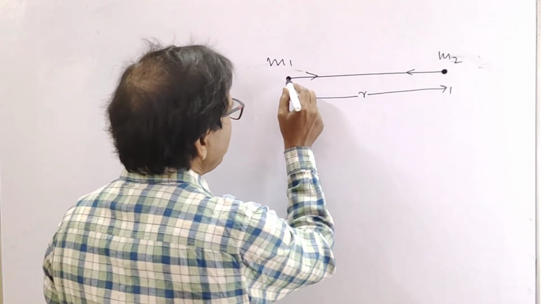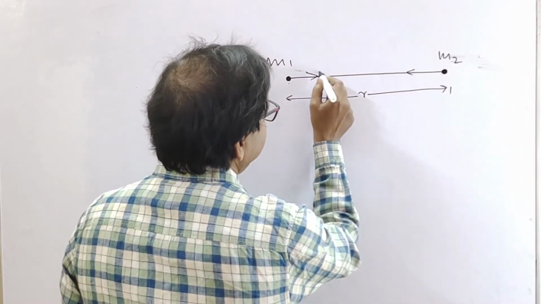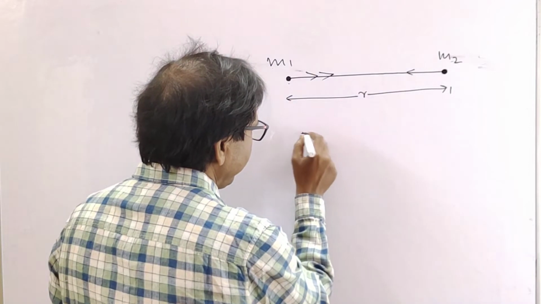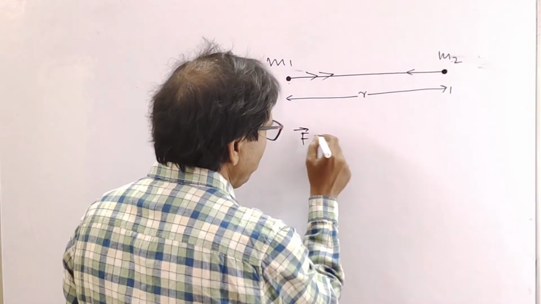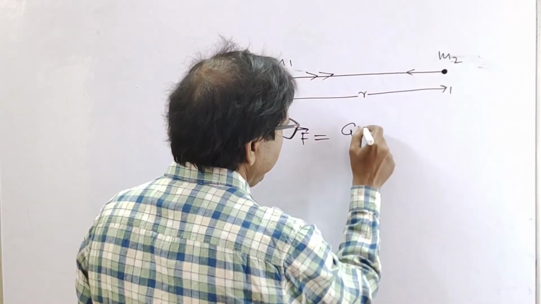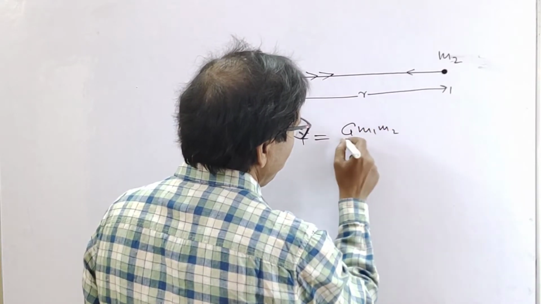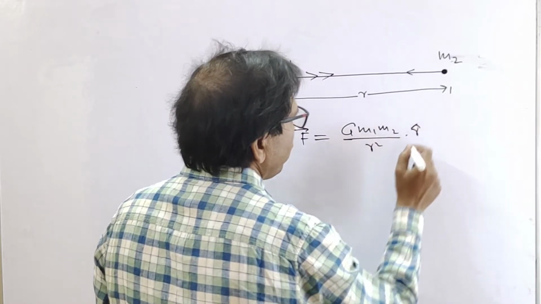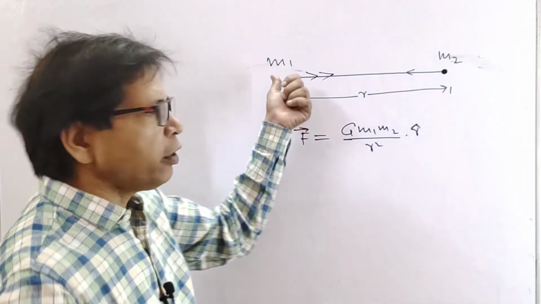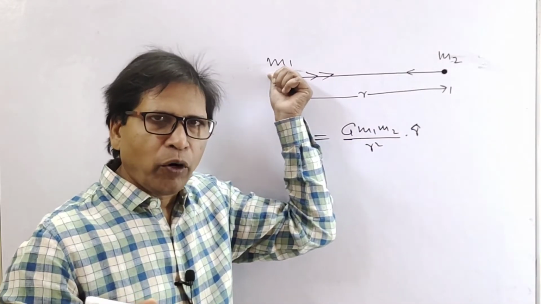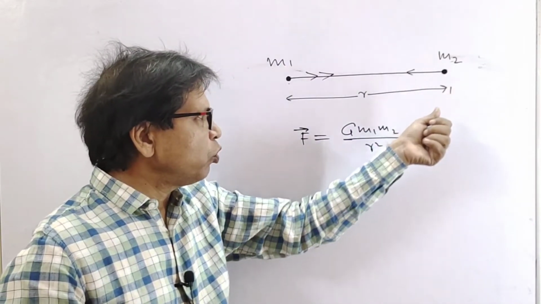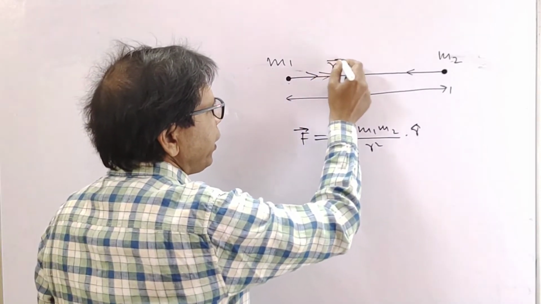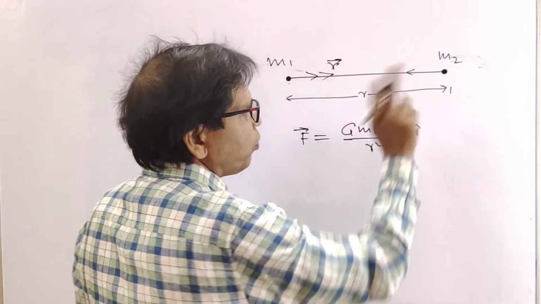Okay, now the vector form of Newton's law of gravitation. The force on m1 by m2 is directed along this direction. The vector form of Newton's law of gravitation is G m1 m2 divided by r square into r cap. This is the gravitational force of attraction on m1 by m2, and r cap is the unit vector directed from m1 to m2.